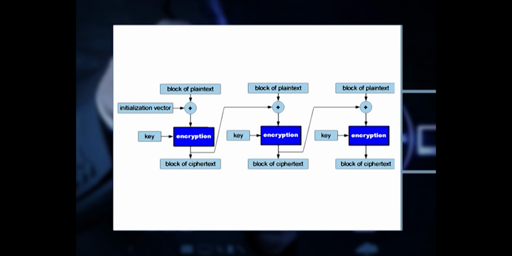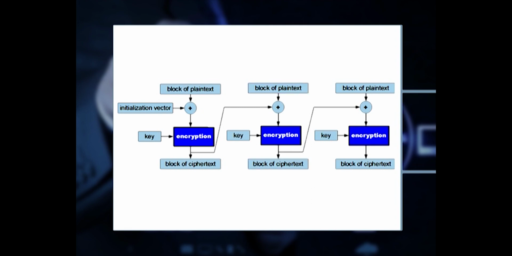In CBC encryption, the first input block is formed by exclusive ORing the first block of plain text with the initialization vector IV. The forward cipher function is applied to the first input block and the resulting output block is the first block of ciphertext. This output block is also exclusive ORed with the second plaintext data block to produce the second input block, and the forward cipher function is applied to produce the second output block.